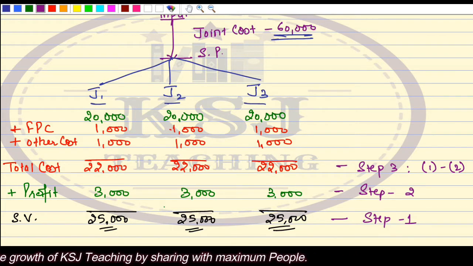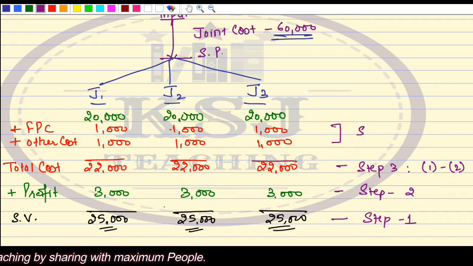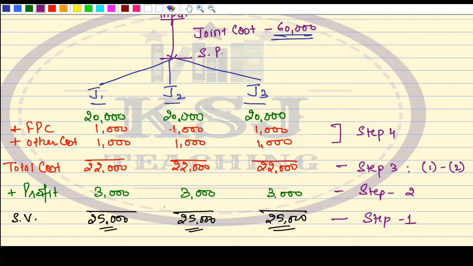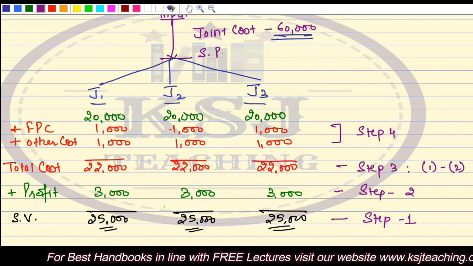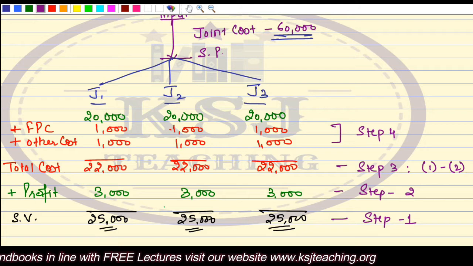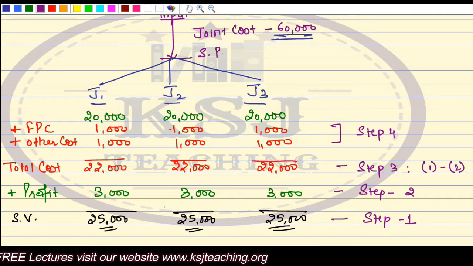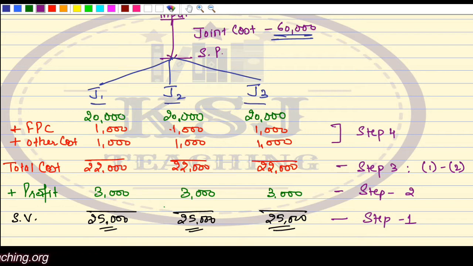Now this is your step number 4. Step number 4 means the total cost, that is, the total FPC, further processing cost, office and administration cost, and selling and distribution cost, not the joint cost. In step number 4, what I am taking is the total cost other than the distributed joint cost.